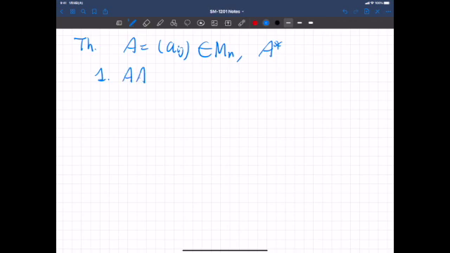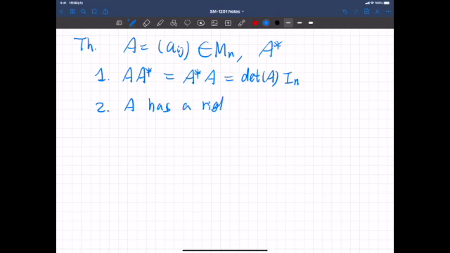One, A times A star is equal to A star times A, which is equal to the determinant of A times the identity matrix. Second, A has a right inverse if and only if its determinant is non-zero.